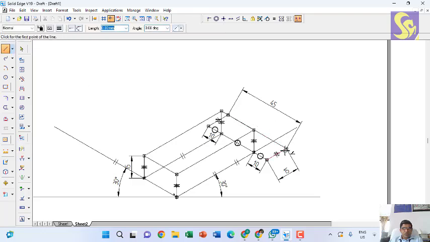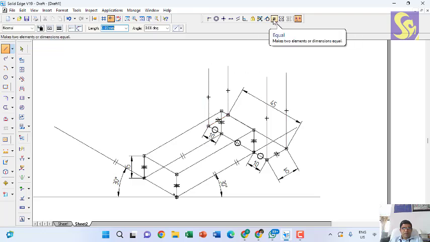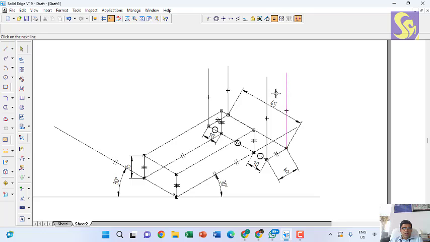So from these corners we will draw 4 lines. And I'll make them all equal.